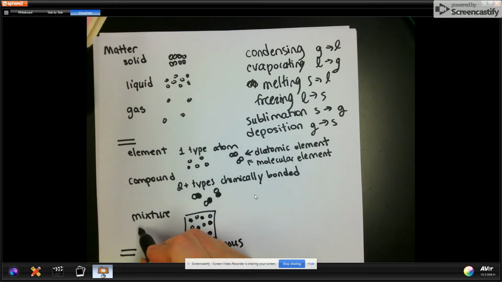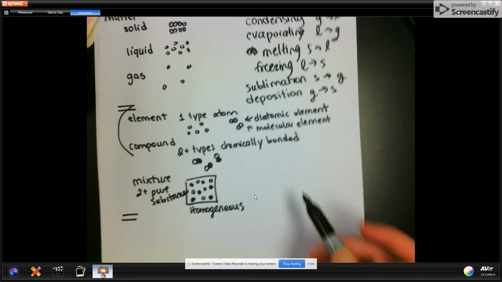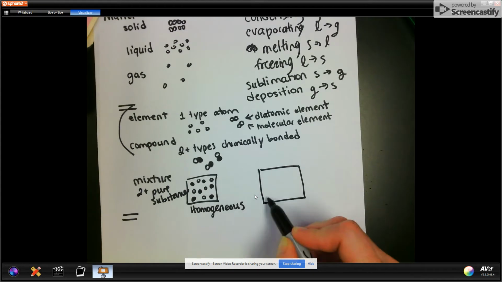Okay, so this is when I have 2 or more pure substances. These are pure substances. So I have 2 or more pure substances mixed together. It's physically mixed, not chemically bonded, which means I can separate it by physical means, and I'll go over those in a second. And then you have heterogeneous.